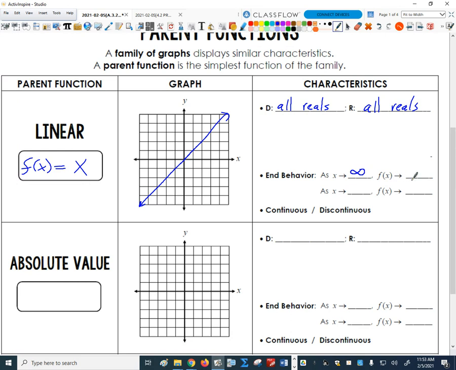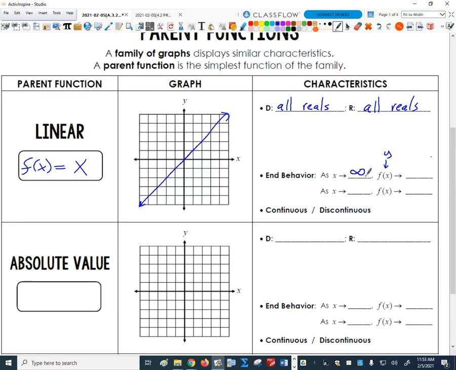What does y approach? f of x is just a fancy name for y, right? What does y approach on this graph? If he's going to the right forever, what y value is he approaching? Okay, I'm seeing people drawing an infinity, right? It goes up forever, doesn't it? As the ant walks to the right forever, that's how we interpret this.